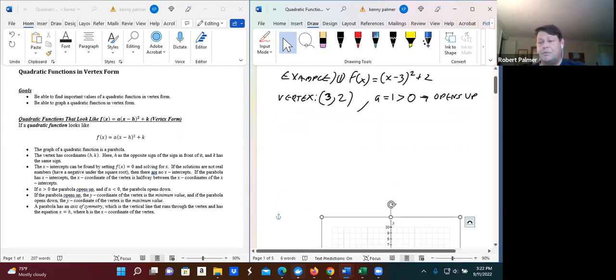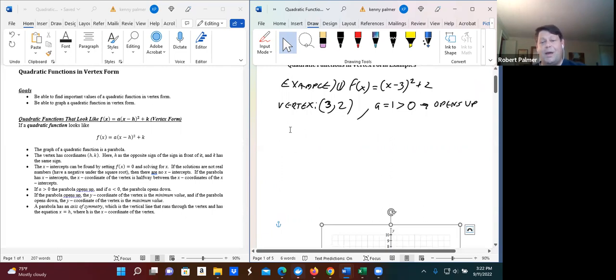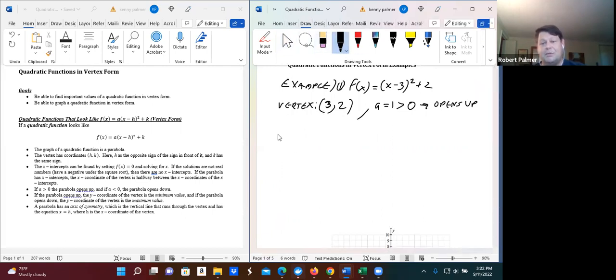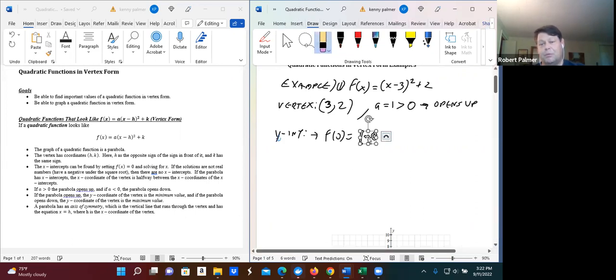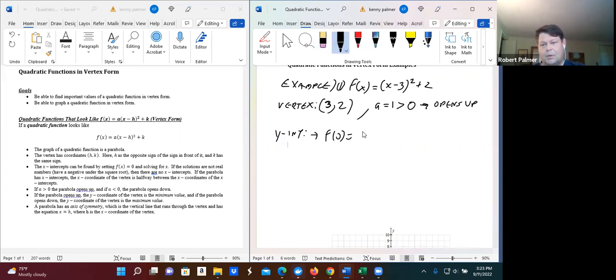Now, we also find our y-intercept. I didn't mention that over here, but your y-intercept is always found by setting x equal to 0. So that's going to be f of 0, which is 0 minus 3, squared, plus 2.